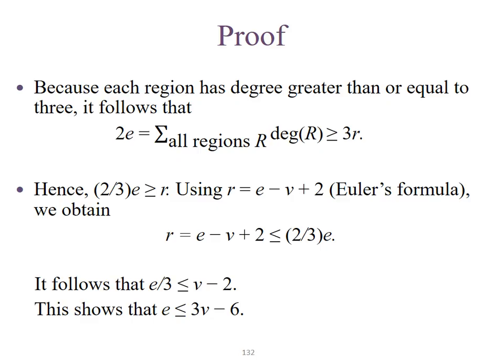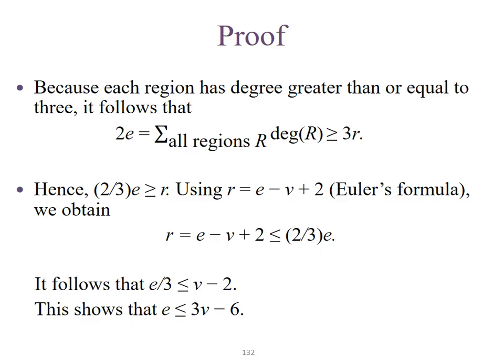And we know for each region, it has at least 3 different edges. So the degree of each region is at least 3. Once you have R regions, then the sum of the degrees of the regions is at least 3 times R. You may have a region of degree 4, or a number of edges along the boundary of 5, 6, and so on.